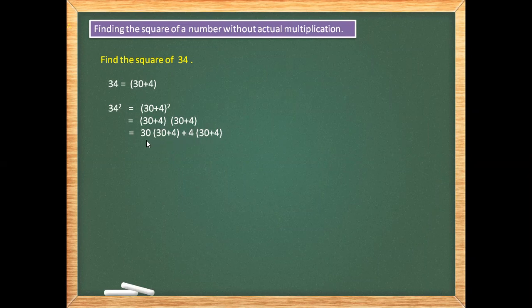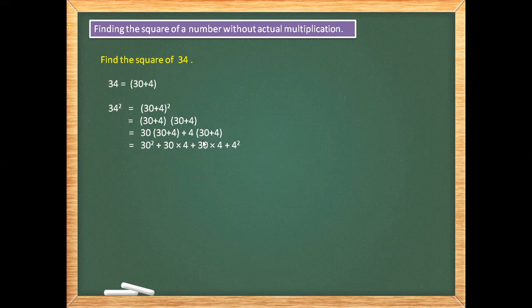Now using distributive law, 30 into 30 is 30 square. 30 into 4 is 30 into 4. Then plus, this is again 30 into 4, and plus 4 into 4.